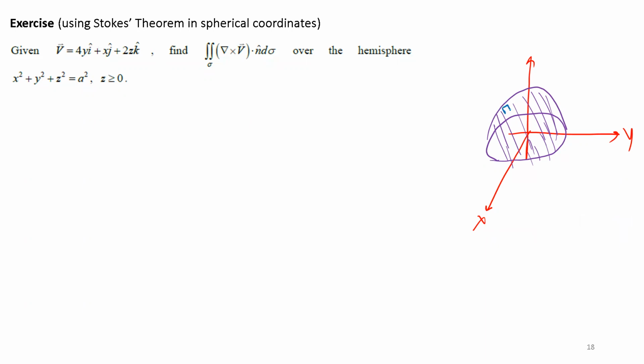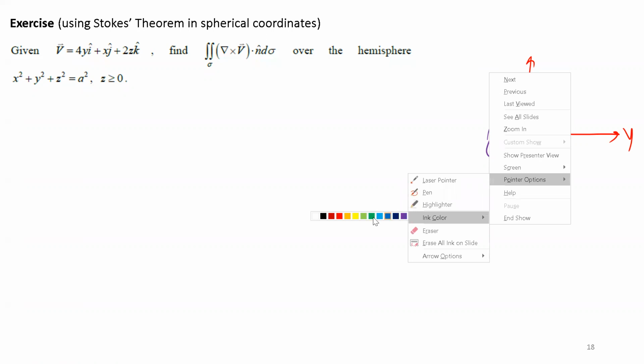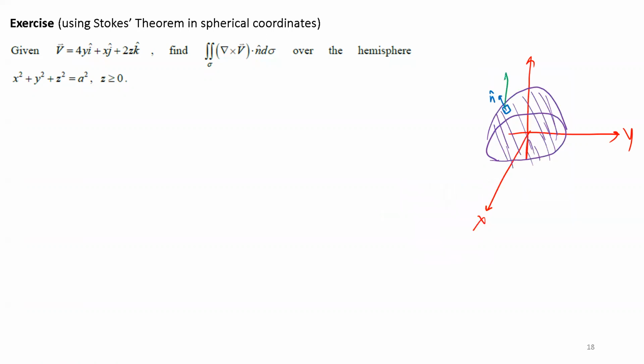If I just take this part of the surface, it has its own n vector here, and over here you can find the curl of V. I'm not sure whether the curl of V is pointing this way or not, but this is the curl of V. So I want you to integrate. Basically, this is the flux of the curl of V through this upper hemisphere surface. So I want you to do this surface integral.